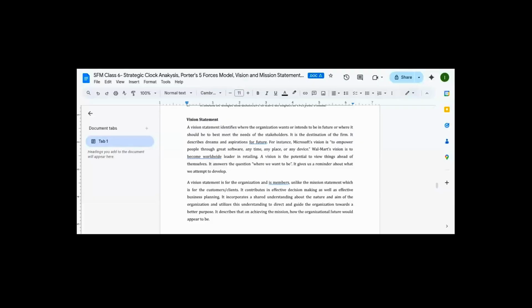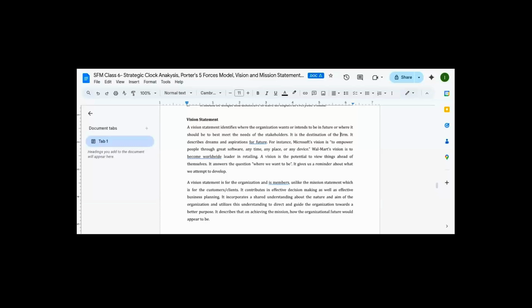So in summary, a vision statement is the destination of the firm, the projection into the future. The business the company wants to do, their scope of operation, the technology, and what they want to achieve.